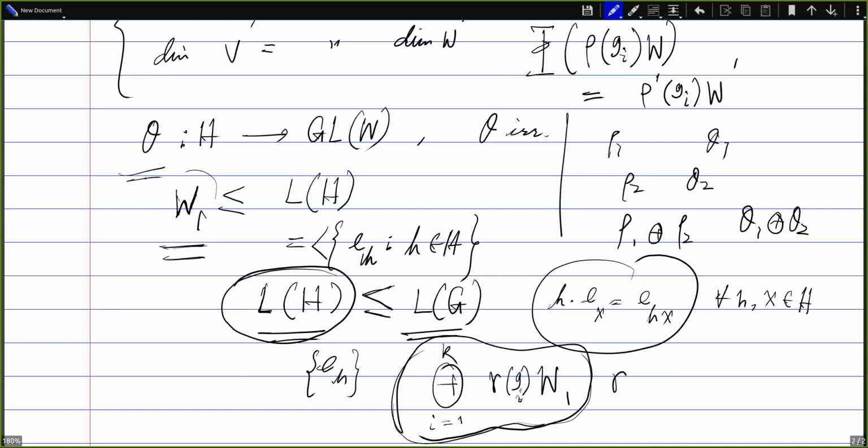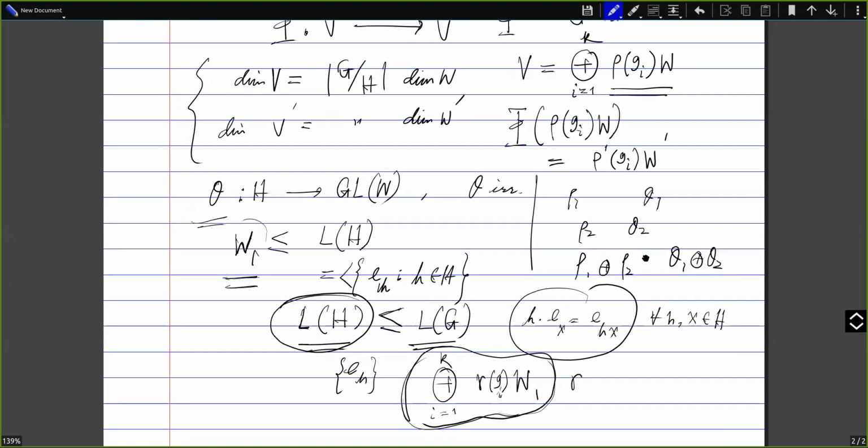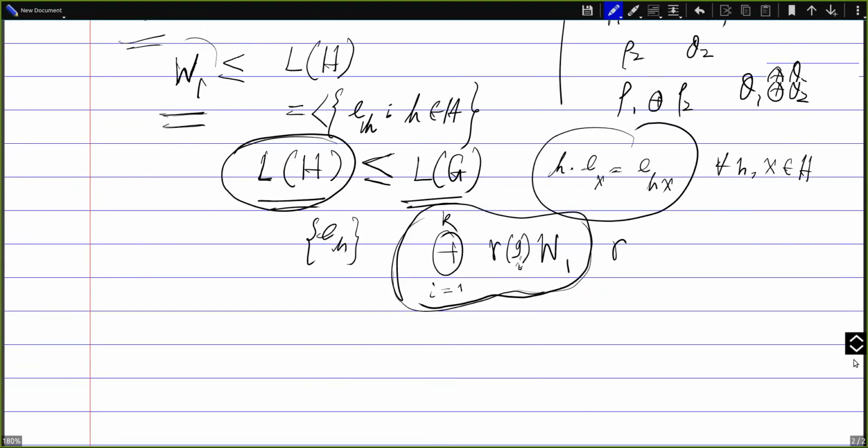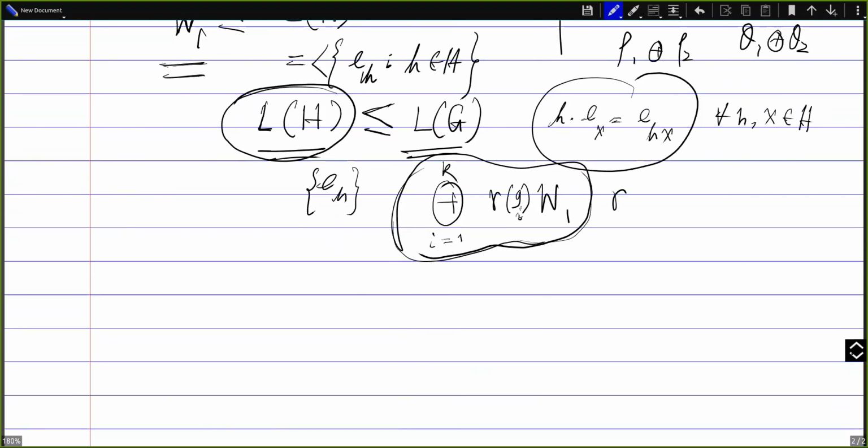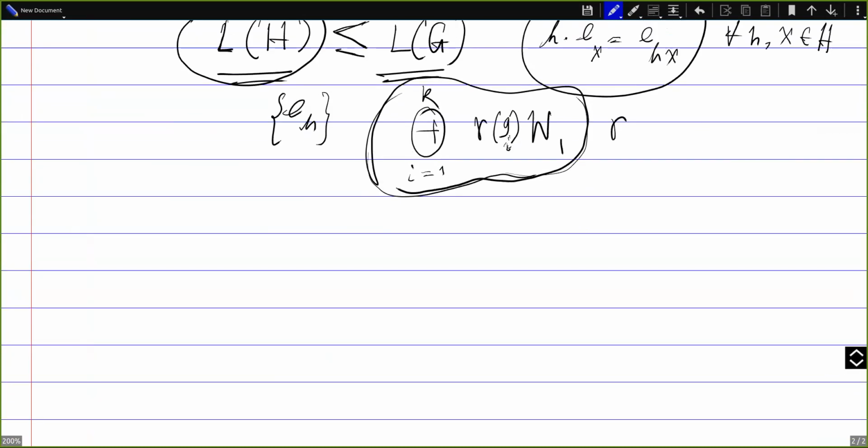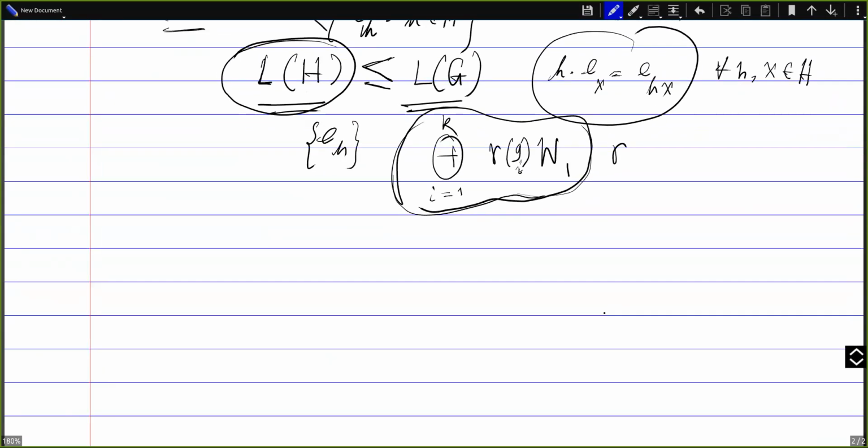So therefore theta induces this representation, that is the subrepresentation of R on this space. Okay, so thus we have settled both the existence and uniqueness part. I will just finish with one more remark, which I would rather leave to you as an exercise.